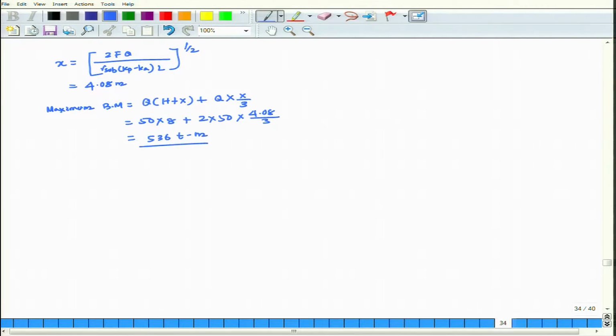So, maximum bending moment will be 536 ton meter and it will be at a distance 4.08 meter below the scour level.